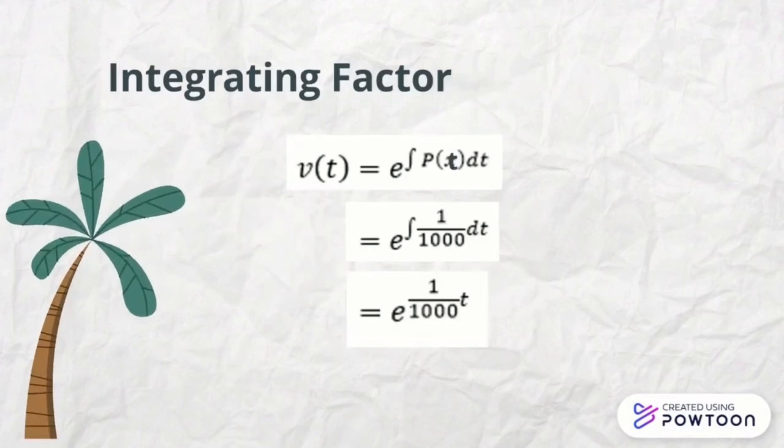Next, we identify P(t) from the linear differential equation and find the integrating factor, which is V(t). The formula for the integrating factor is V(t) equal to the exponential of the integral of P(t) with respect to t, which is the exponential of the integral of 1 over 1000 with respect to t, and we will get e to the 1 over 1000 t.